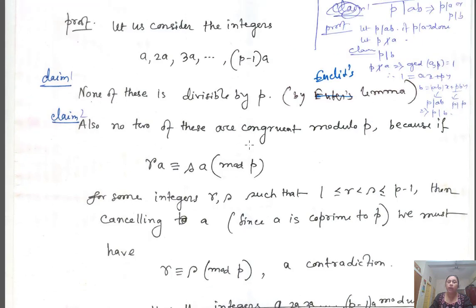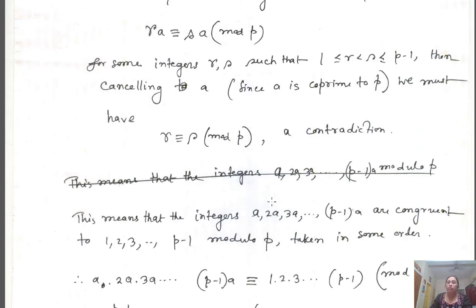So none of these elements are divisible by P, and if you pick any two elements, they are not congruent modulo P. So if you consider A, twice A, thrice A, up to P minus 1 times A and reduce all of them modulo P, then you will essentially get this set 1, 2, 3 up to P minus 1 in some order.